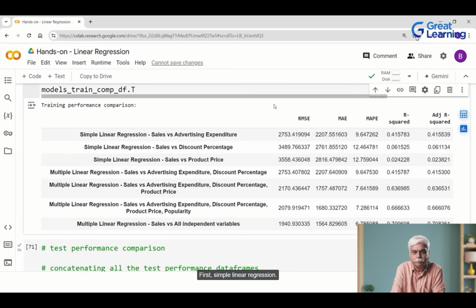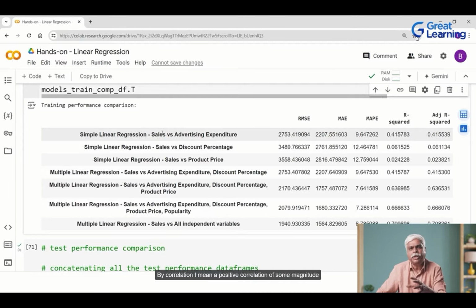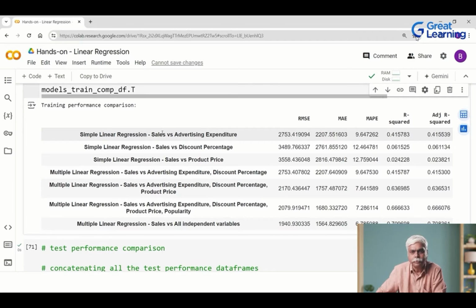First, simple linear regression. Simple linear regression can actually work quite well if there is a variable that is correlated with the output. In this case, advertising expenditure was correlated with the output. By correlation, I mean a positive correlation of some magnitude, where we got an R square of about 41%.